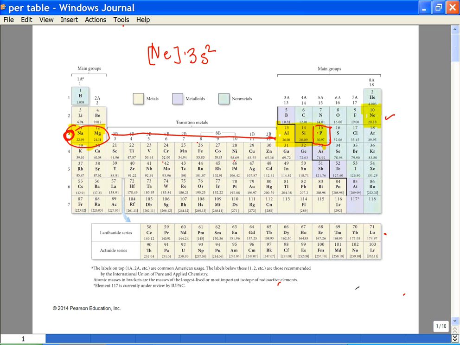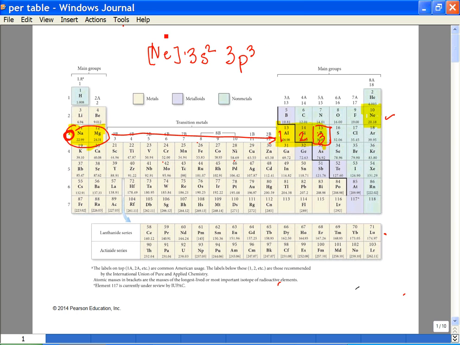Then we go across to the p block, the p block in row 3. We can count over to phosphorus as 1, 2, 3. So the p orbital has 3 electrons. The electron configuration for phosphorus is neon 3s2 3p3.